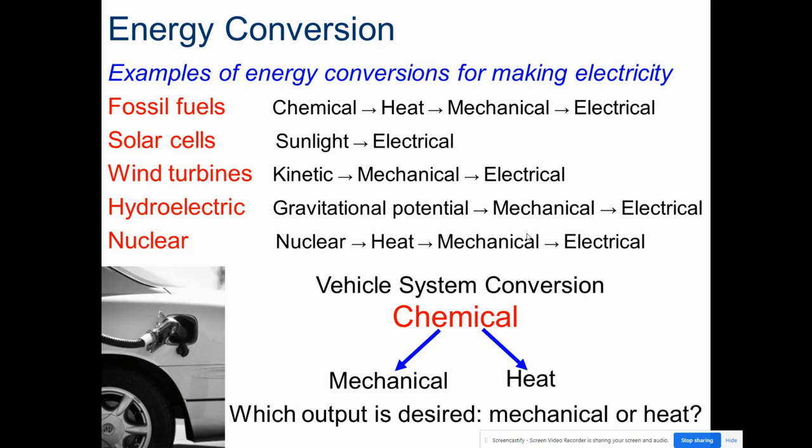Hydroelectric is gravitational potential, turning the turbines mechanical, and so on. For vehicle system conversion, mechanical comes from chemical and mechanical. Which output is desired, mechanical or heat?